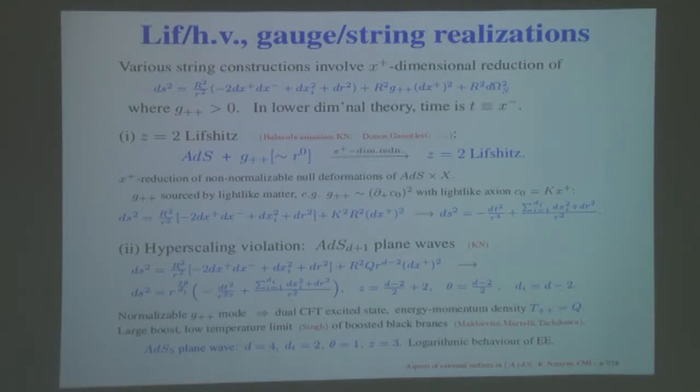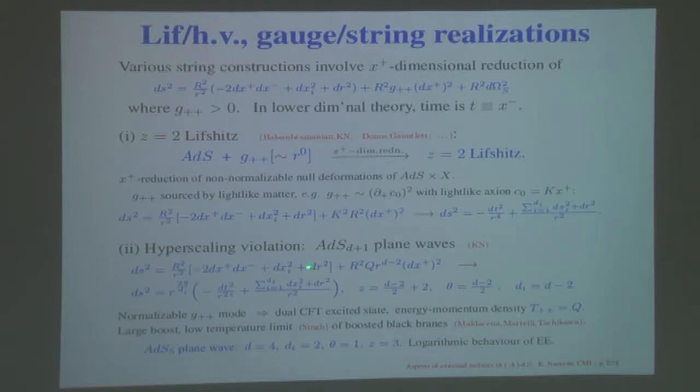These are in the same family that I was talking about earlier, these hyperscaling violating spacetimes. But these exponents now are fixed. They come from something very specific in the upstairs description, which I can control and understand. That gives me a certain family of hyperscaling violating spacetimes with theta like that and the Lifshitz exponent like that and so on.